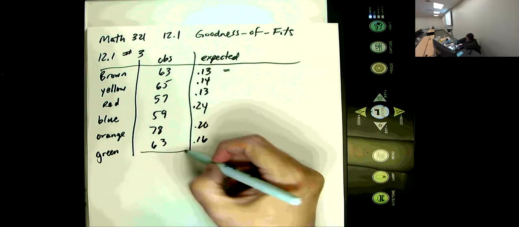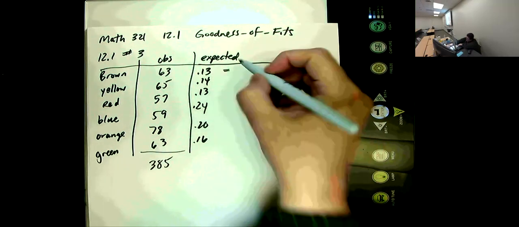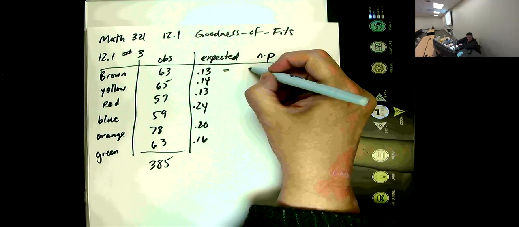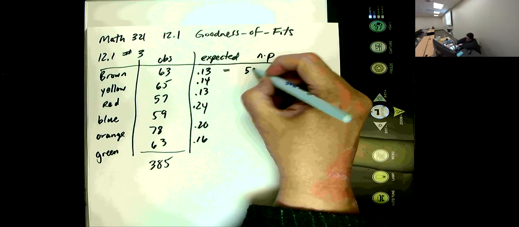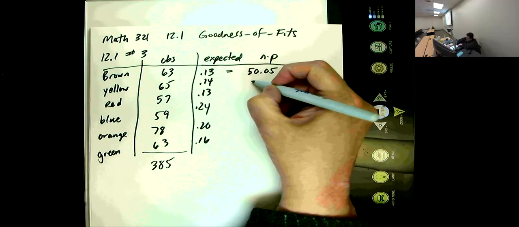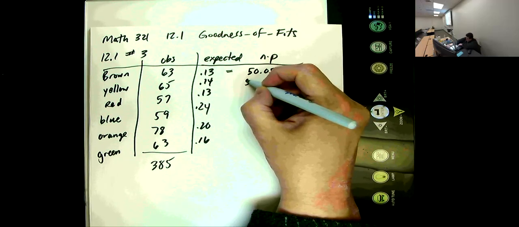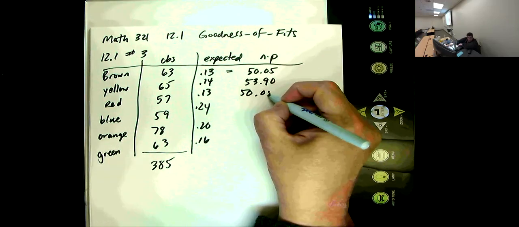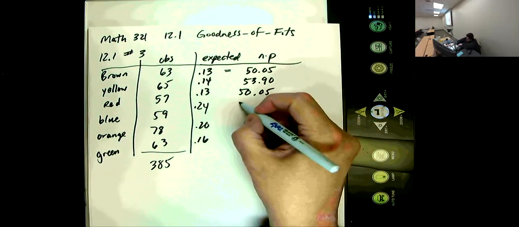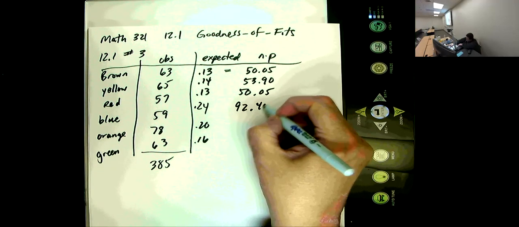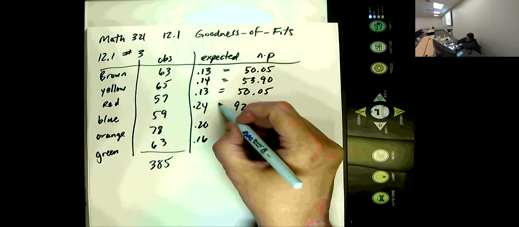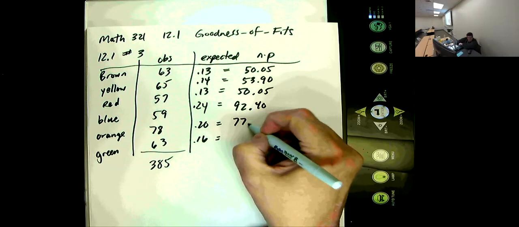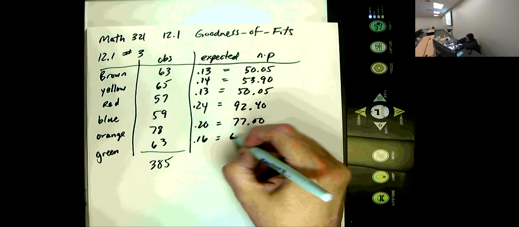This added up to 385. So we used N times P to get our expected values. We had 50.05, 3.90, 92.4, 77, and 61.6.